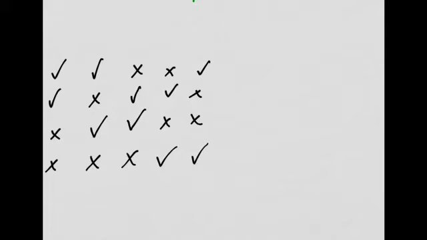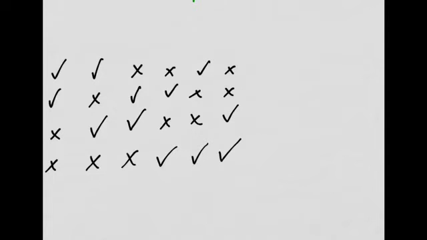I have to get all possible ways, so I have to think. This one mirrored this one. You have to be very careful and very methodical. This one mirrors this one, right? So what about mirroring that one? I don't have one yet. So let's do X, X, check, check.